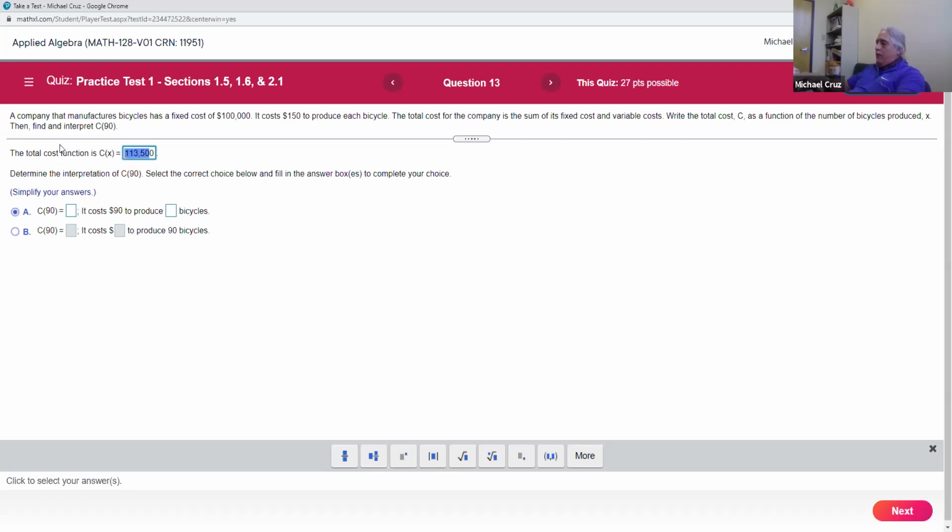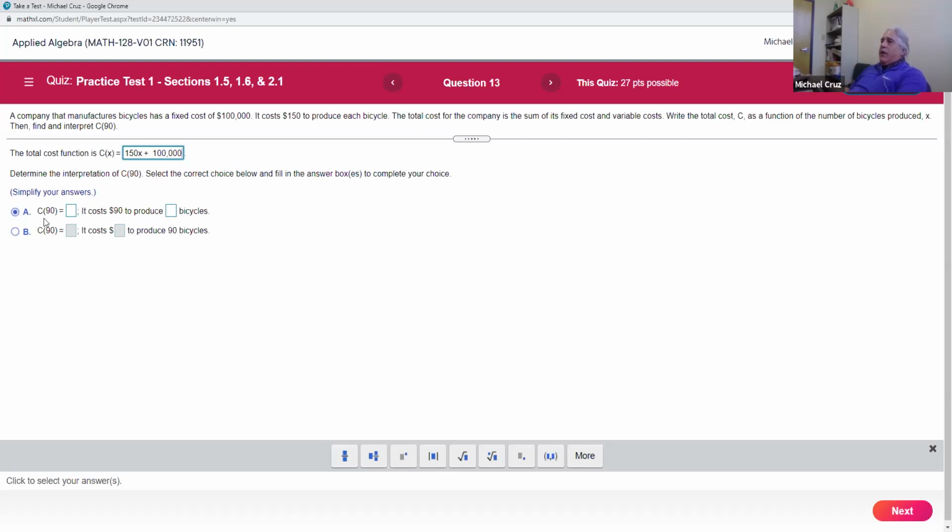I was saying we didn't need it, but it was C of x equal to 150x plus 100,000. I wrote it wrong. It's 150x, because the 90 is going to go right in there at the x value.